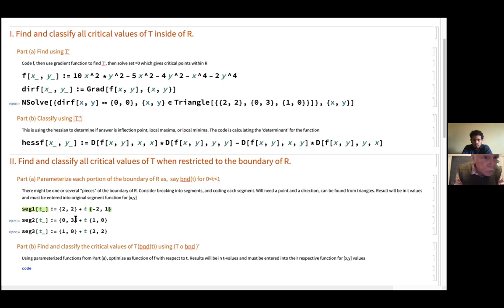Let's make sure it knows it. Looks like it did.